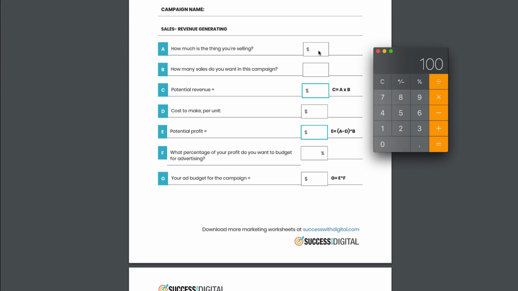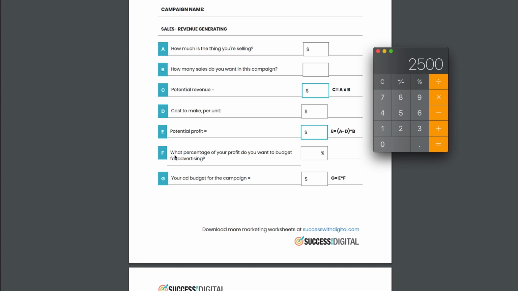So that's box A, minus how much it costs to make per unit. So that's minus the cost. So let's say it costs us $50. And then what we're going to want to do is multiply that by how many sales we wanted during the campaign. So we had originally said 50. So here our potential profit is $2,500.